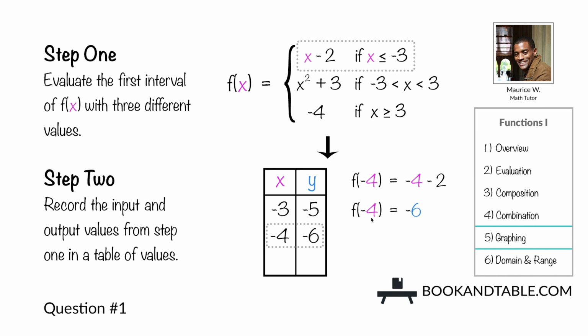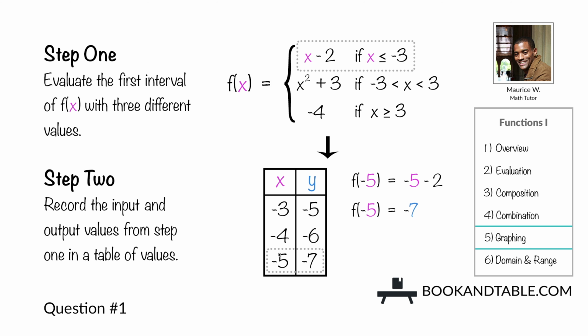So the entry would be negative 4, negative 6. And then the third row would be f of negative 5, which is equal to negative 5 minus 2, which is equal to negative 7. So the input value would be negative 5 and the output value would be negative 7.